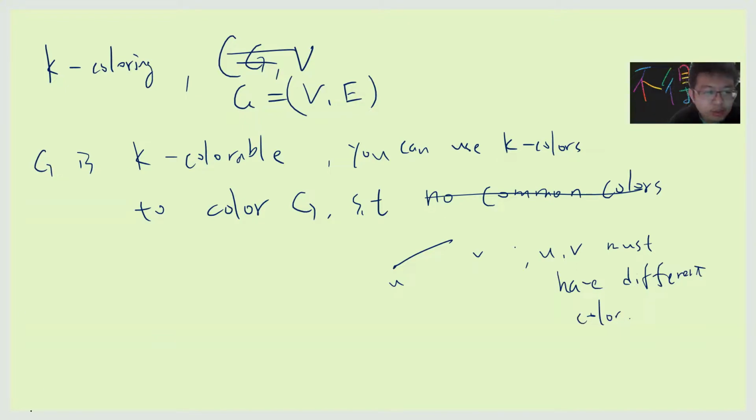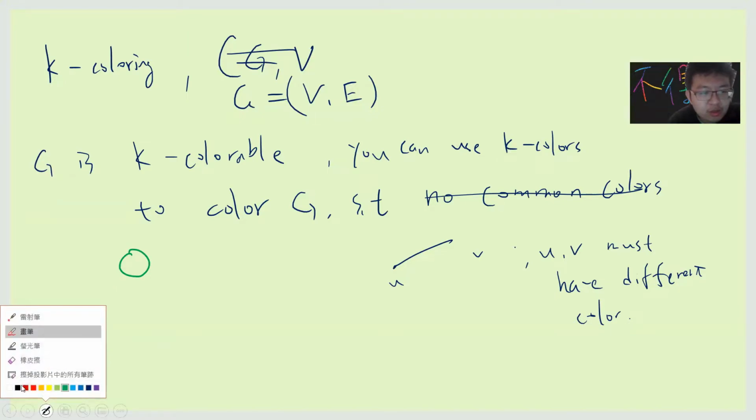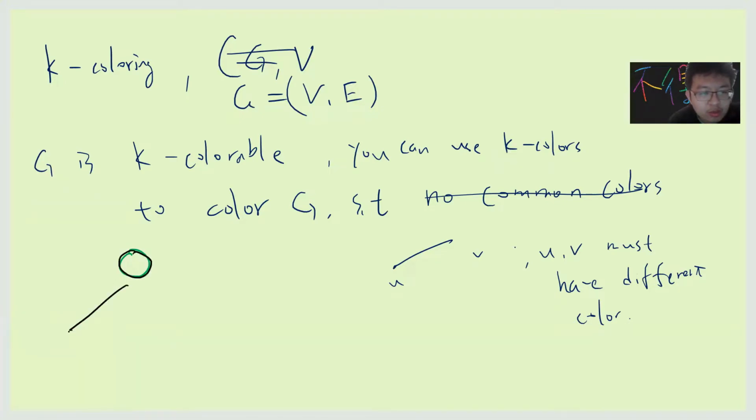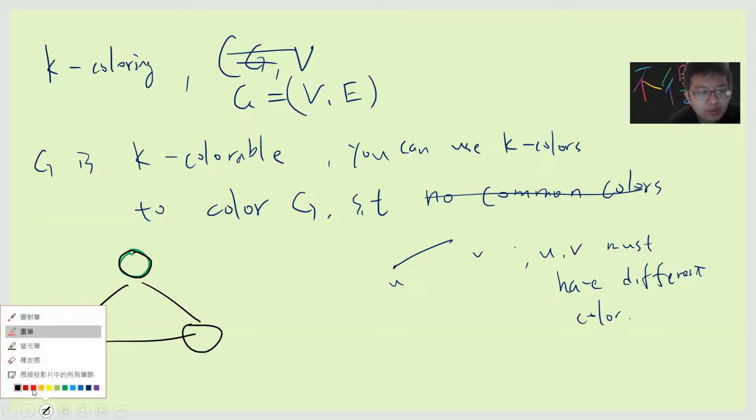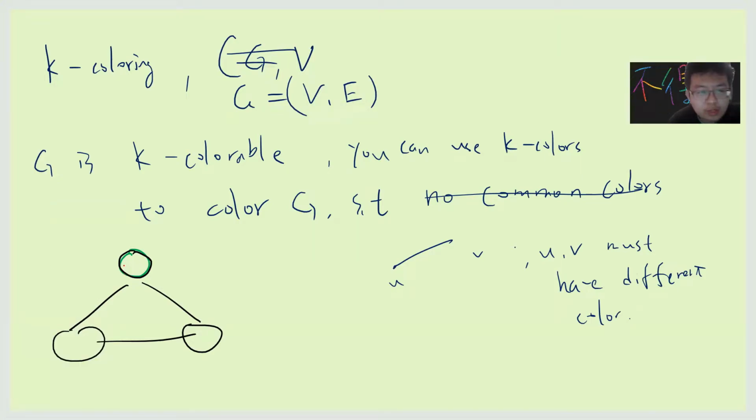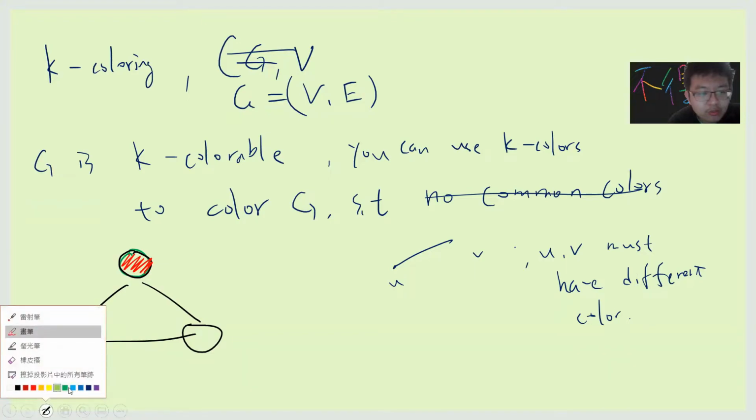For example, let's take a triangle. If you have a triangle here, then this graph G is three colorable, because I can use red here, green here, and blue here.